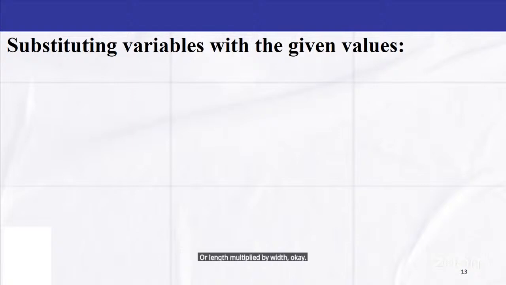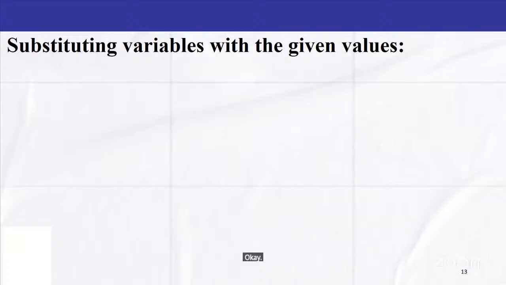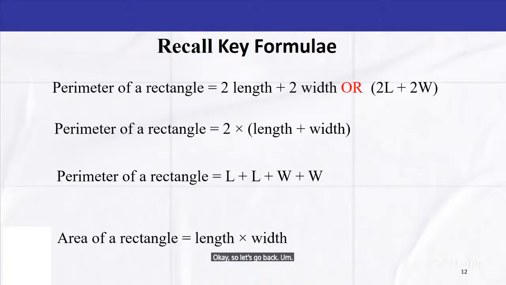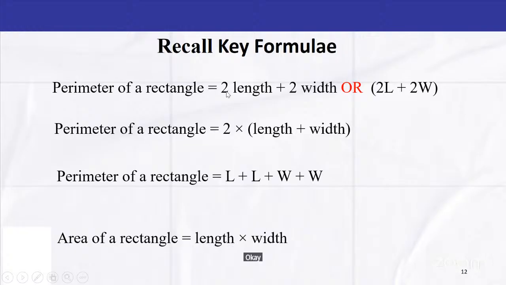Okay, so let's go back. The person had 2 open bracket length times width. Please note that if we are using that, that would be like the second formula. It's not length times width, but length plus width. The first one is 2 length plus 2 width.